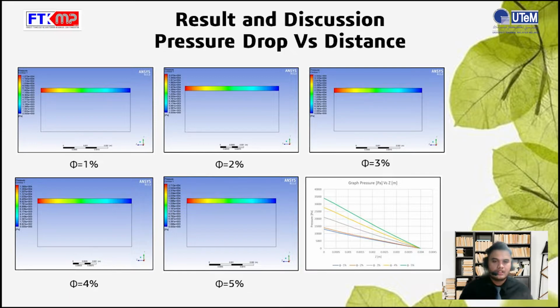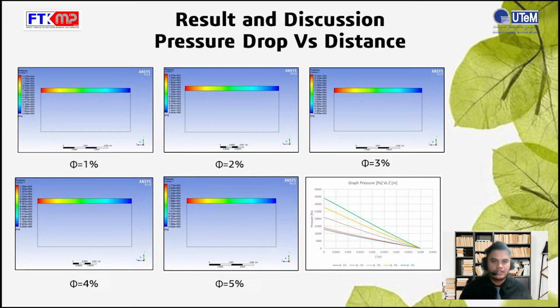The greatest pressure decrease occurs at a concentration of water CuO 5%. Naturally, this is owing to the increased density and dynamic viscosity of the water CuO 5% physical properties. In the case of water CuO 1% nanofluid, the minimum pressure drop is obtained. This material has the lowest density and dynamic viscosity due to the water CuO 1% concentration physical properties.